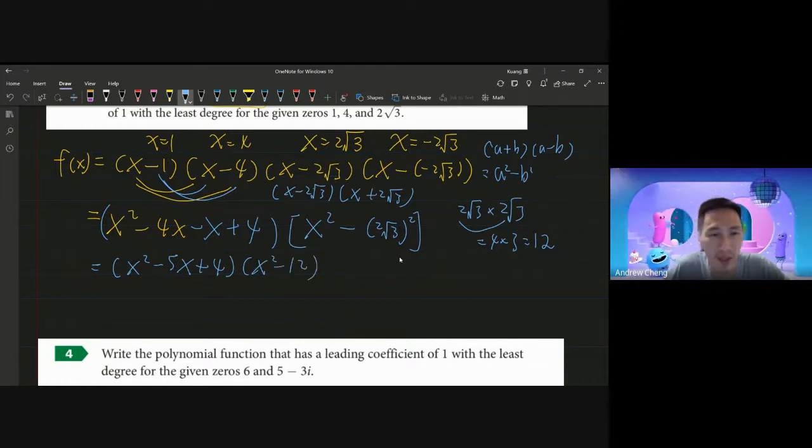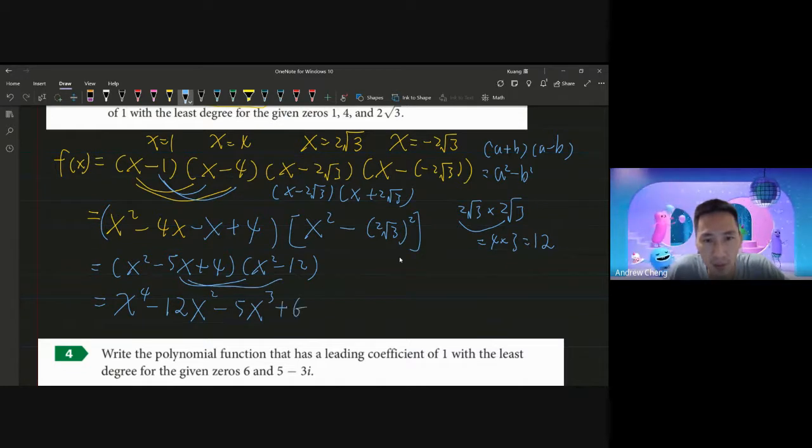All right, and then keep doing it. So that will be x to the power 4 minus 12x squared, and then minus 5x cubed plus 60x, and lastly plus 4x squared minus 48.